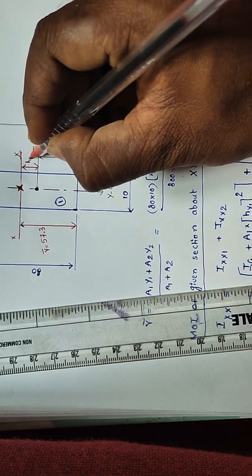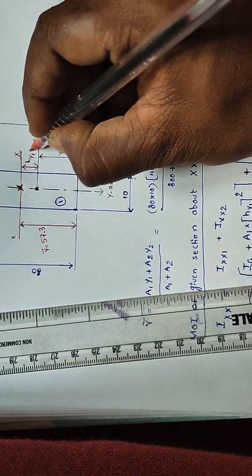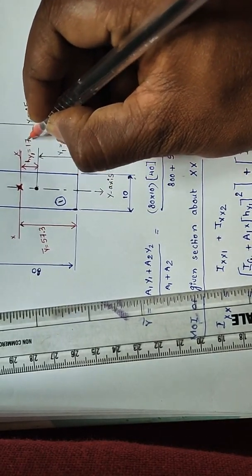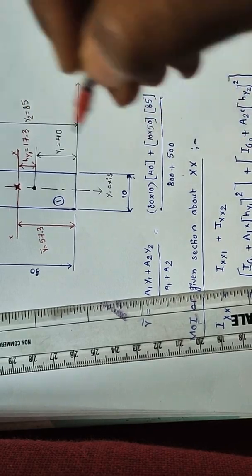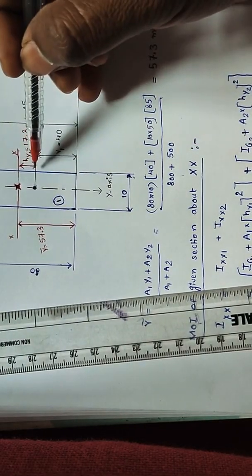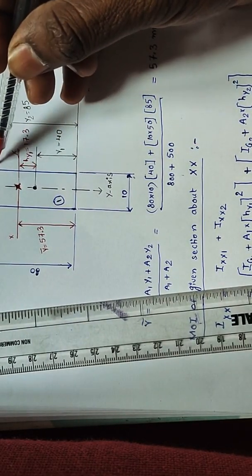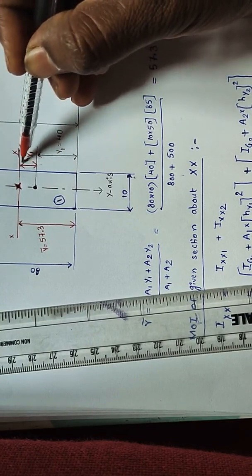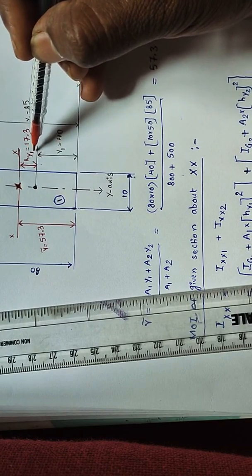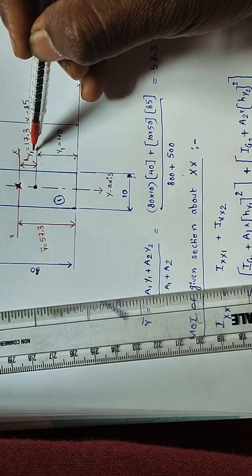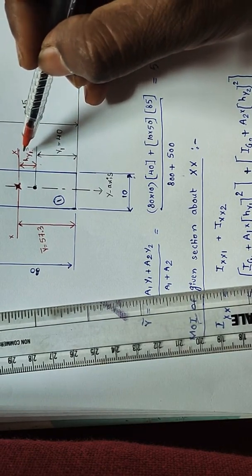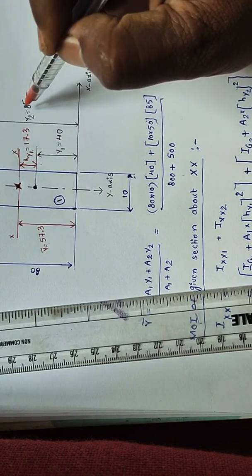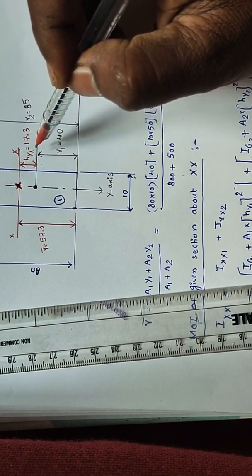So here hy1 is 17.3 mm. Along this y-axis we are measuring, vertically we are measuring the difference between these two. That's why we are mentioning it with hy1. Whenever you measure horizontally, at that time we represent it with hx1.